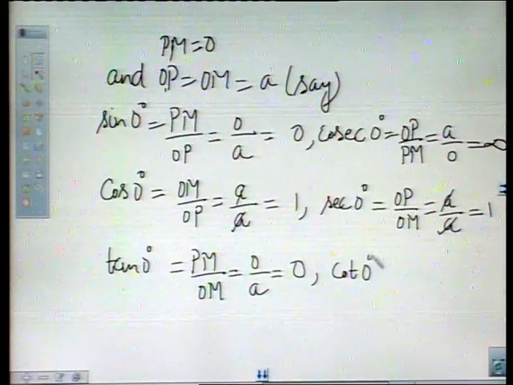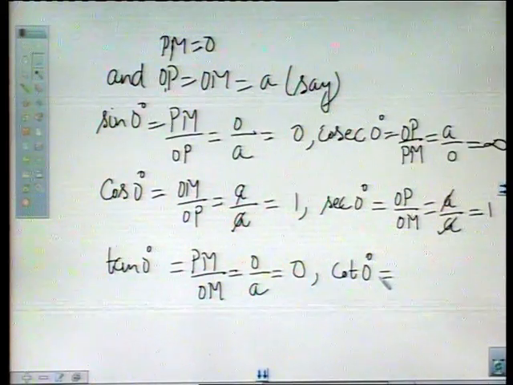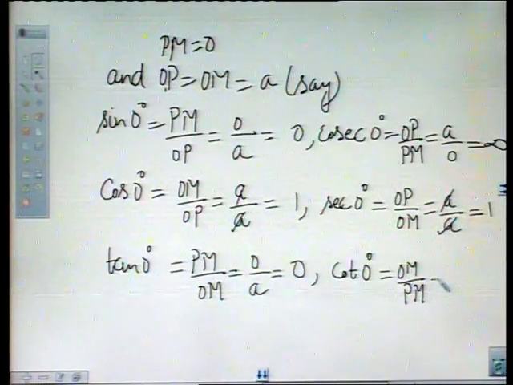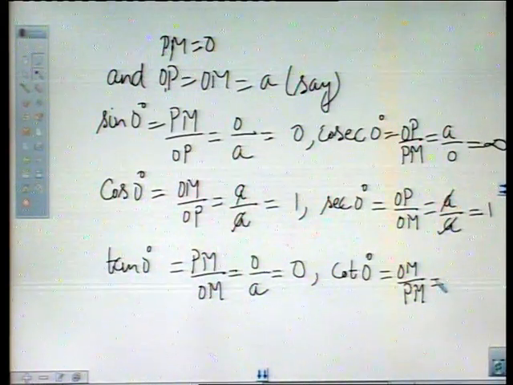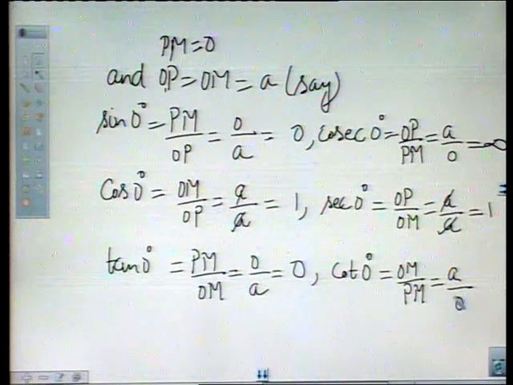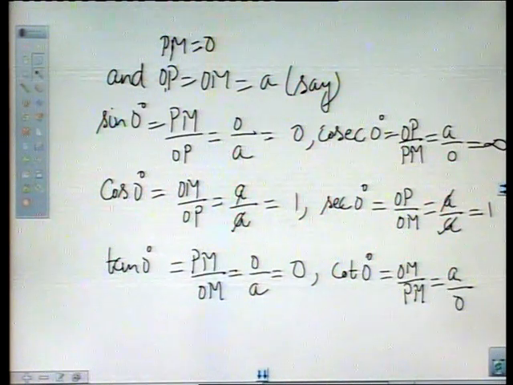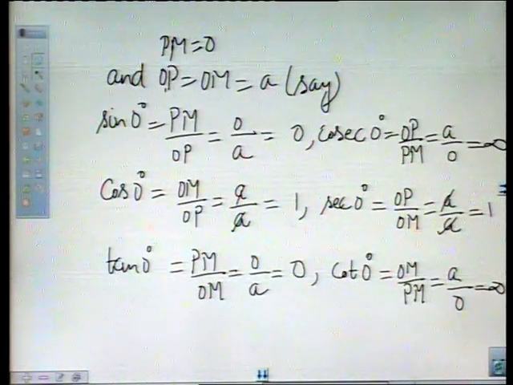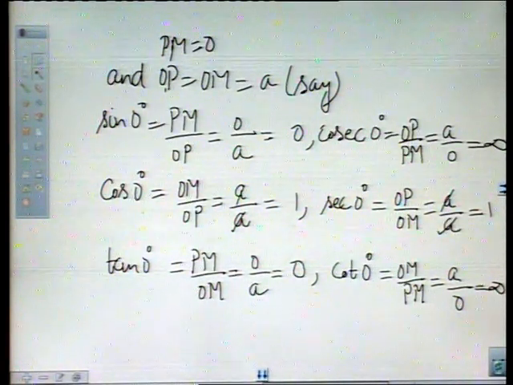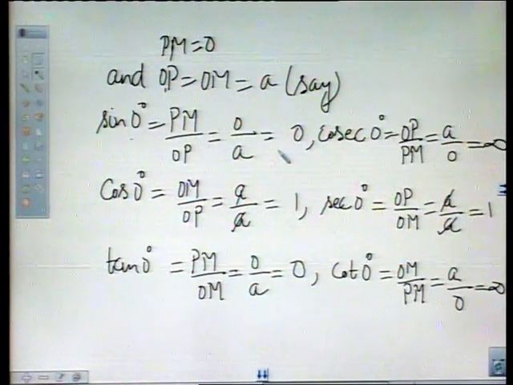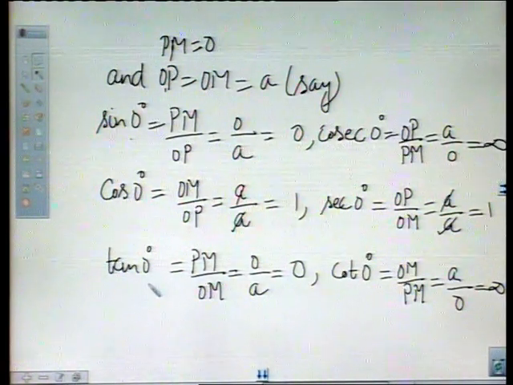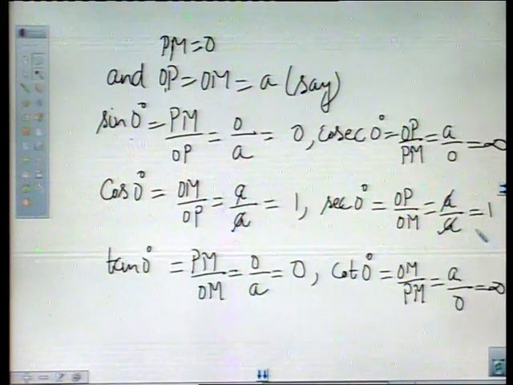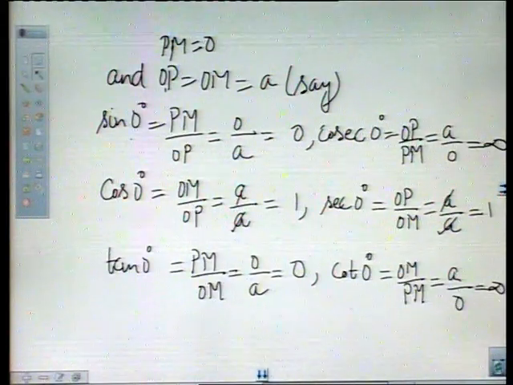The value of cotangent 0 degree will be OM over PM, and value of OM is A, whereas value of PM is 0. A over 0 comes out to be infinity. This is how we find the T ratios. The value of sine 0 degree is 0, cos 0 is 1, tangent 0 is 0, cosecant 0 is infinity, secant 0 is 1, and cotangent 0 is equal to infinity.